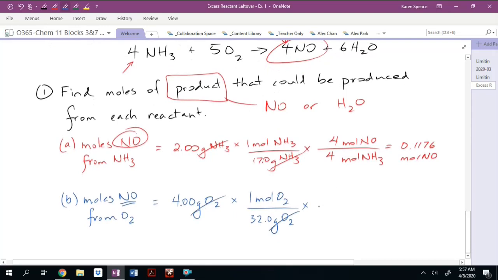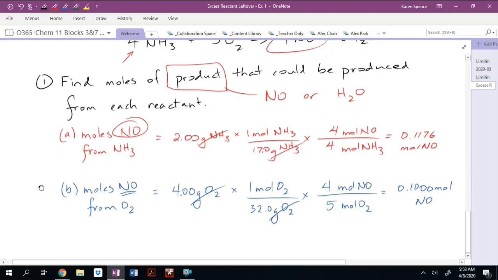Now we have moles of O2. We want to cancel moles of O2 and find moles of our product, NO. Our coefficient for the NO is a 4 and our coefficient for the O2 is a 5. We do that and we get 0.1000 moles of NO.